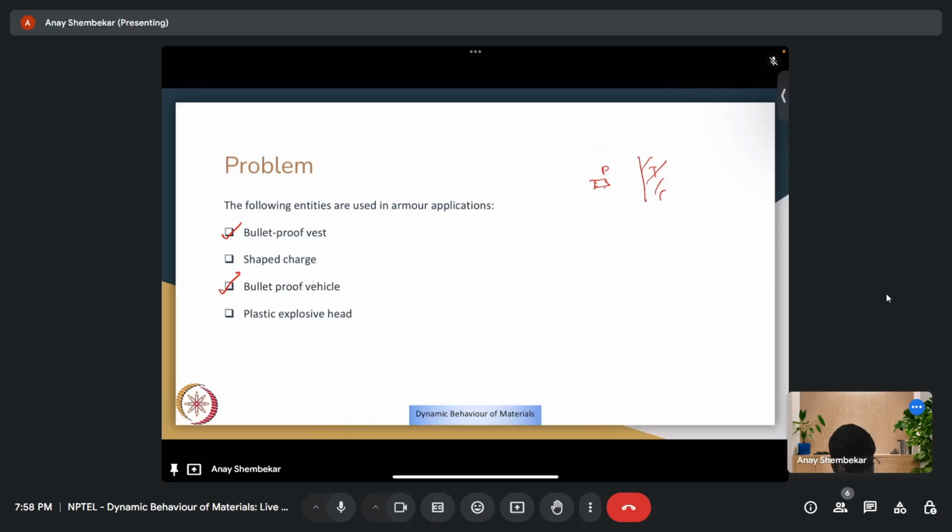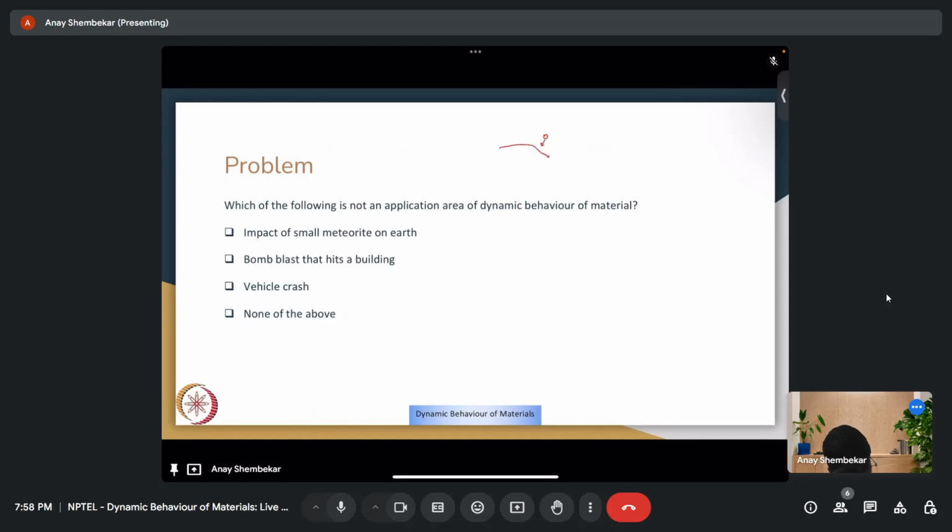The first is an impact of a small meteorite hitting the earth. You can see that this would be a dynamic deformation example. Bomb blast that hits a building. Again, I think this is perhaps not a correct option, but okay.